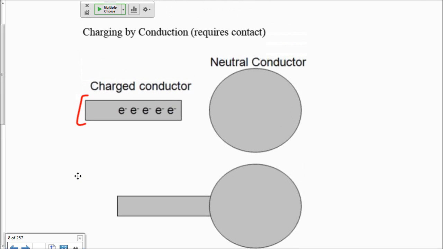When I bring our charged conductor up next to my neutral conductor, I get a distribution of charges that looks like this. Because as I bring this charged conductor up here, it causes all my negative charges to chase over here, and then I'm left with a positive excess over here.